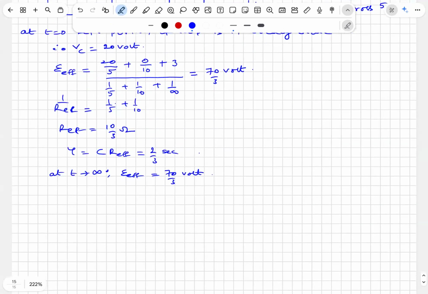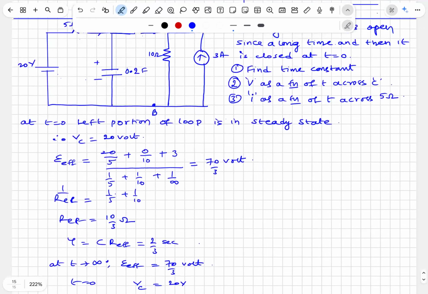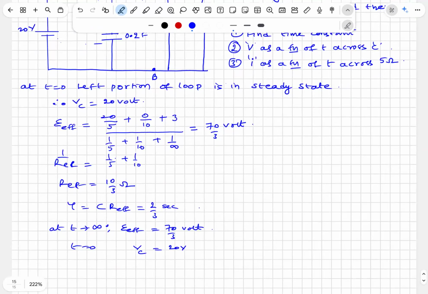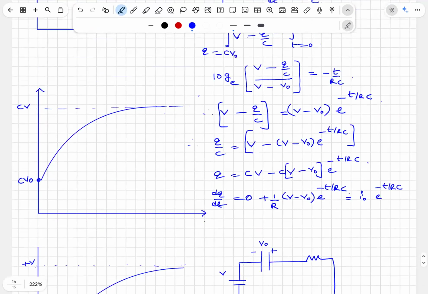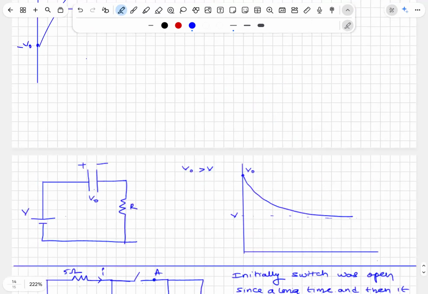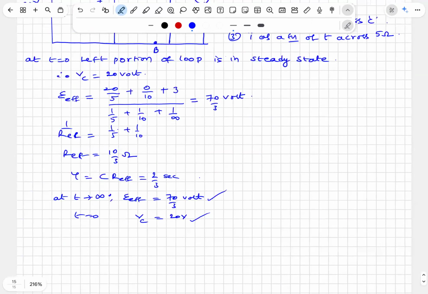At t is equal to 0, V across the capacitor is 20 volt. My point is I need V as a function of time across C. How does it come? 70 by 3, 20 volts. The already charged capacitor, here we wrote the rule. We can write the same condition. Tell me, what is the rule?